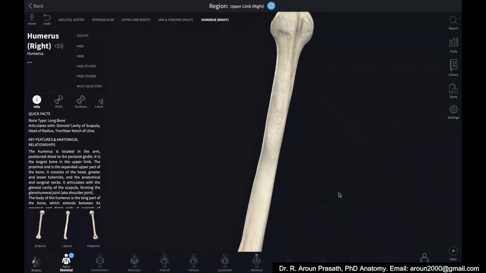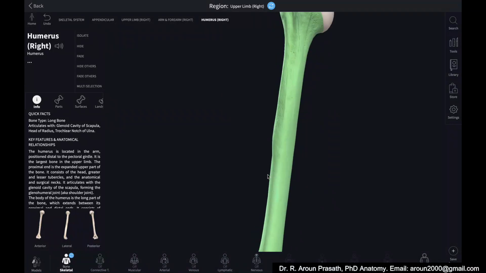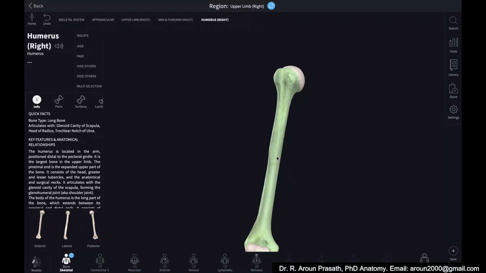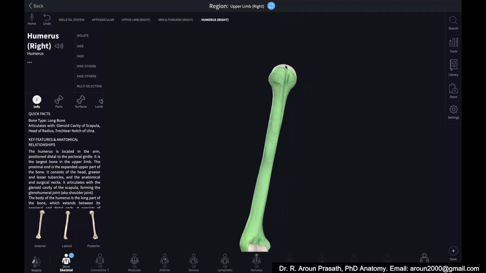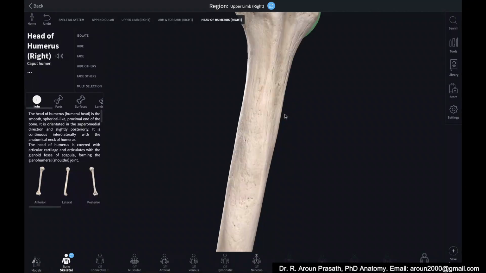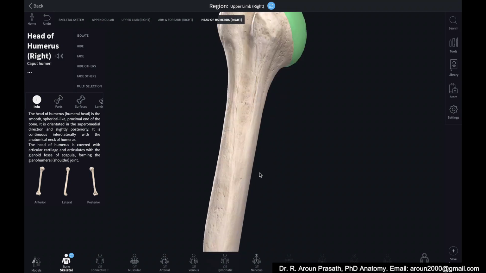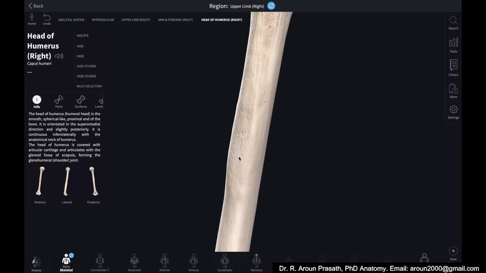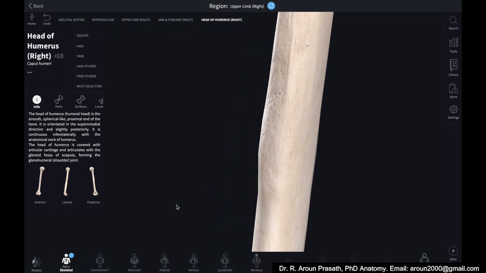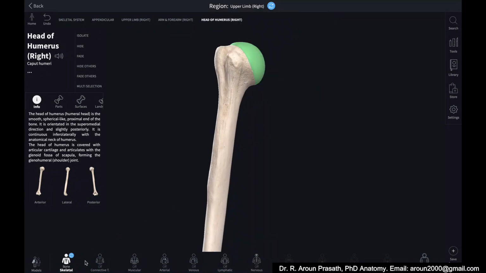In the lateral surface there is a rough area, called the deltoid tuberosity. This is the place where the deltoid muscle inserts. You know, the deltoid is the largest muscle in the shoulder region.